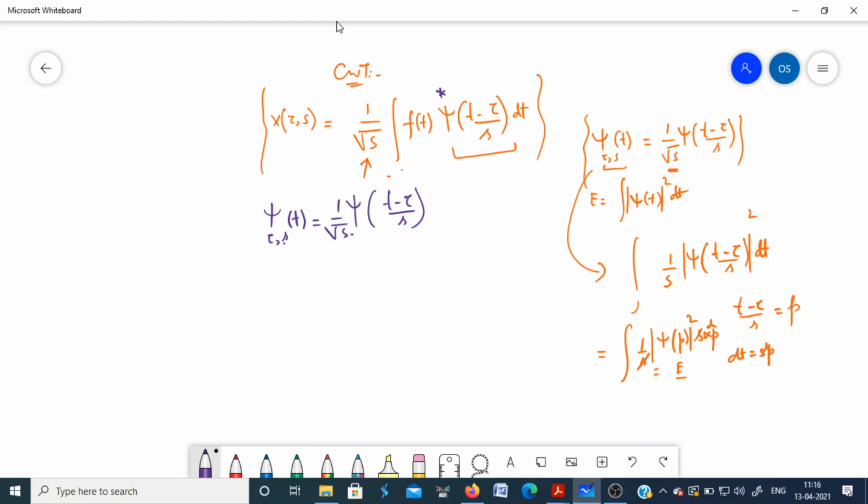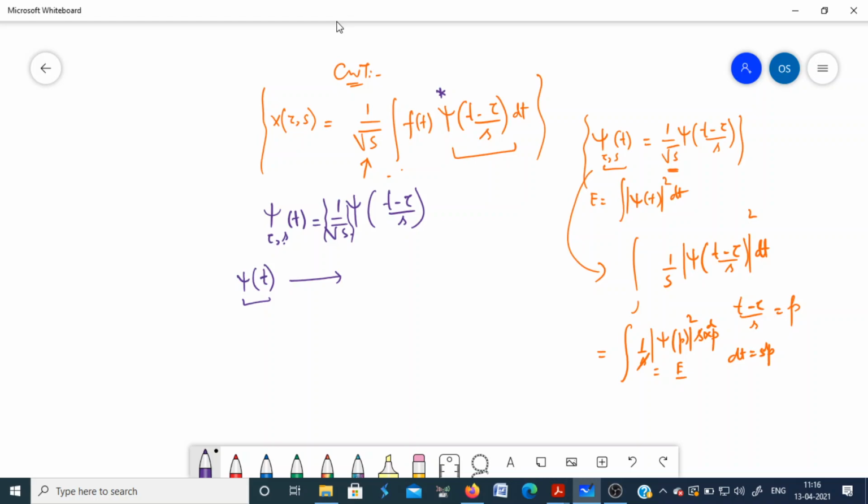Now forget the scaling factor of 1 by root s. How can you get this function from psi t? If you have the function psi t, which is the wavelet function, a small wave of finite duration basically.